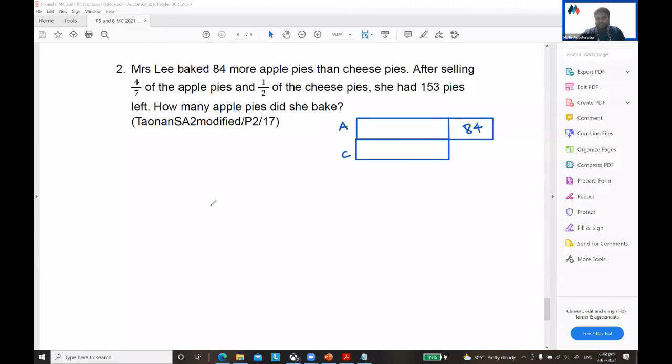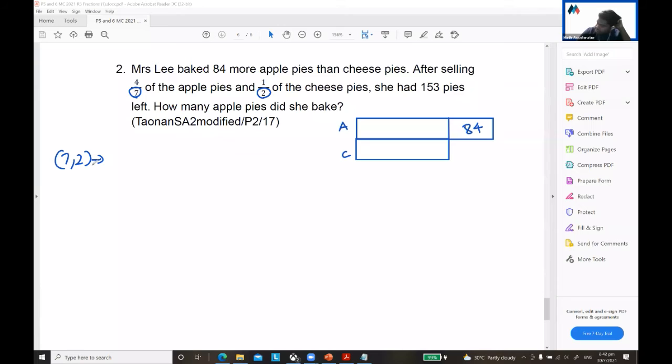Okay, so after selling 4/7 of the apple pies and half of the cheese pies, she then had 153 pies left. So what we're going to do now is make 7 and 2 into a number that is a common multiple of the two. 7 and 2.